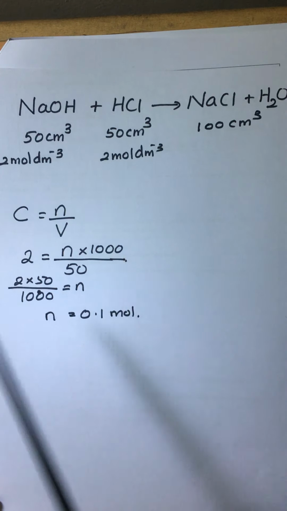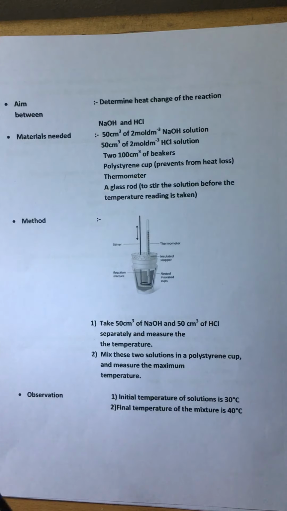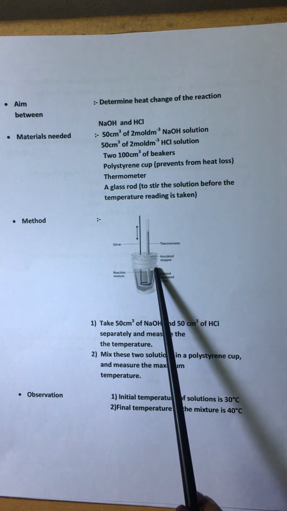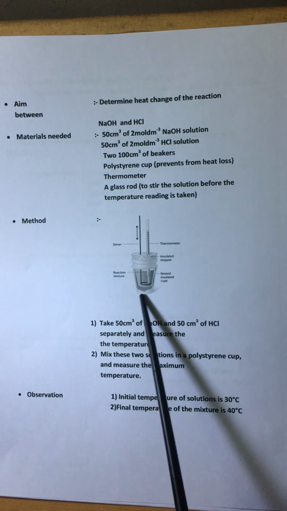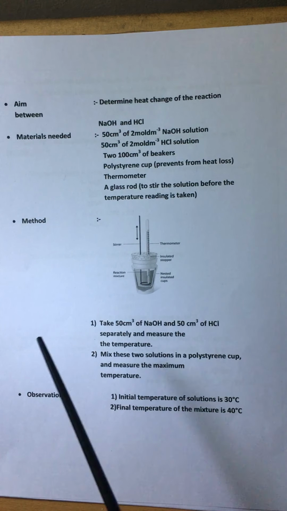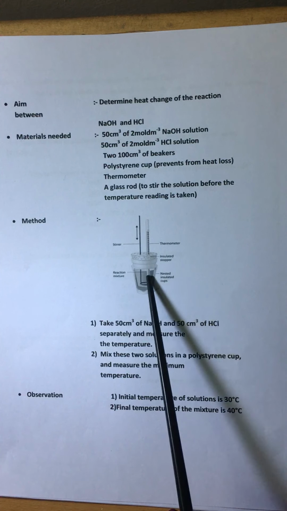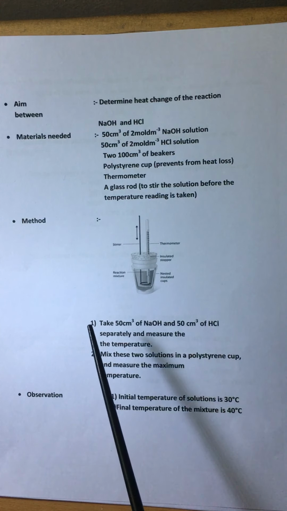Now how do we calculate this? For this experiment you are taking a polystyrene vessel. Polystyrene vessel means a double-walled vessel made of polystyrene. Because polystyrene is a heat insulator, it won't allow the heat to go outside, and it won't absorb heat from the outside.